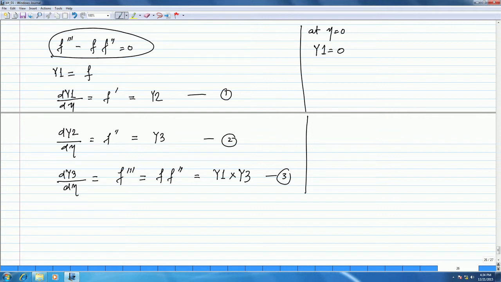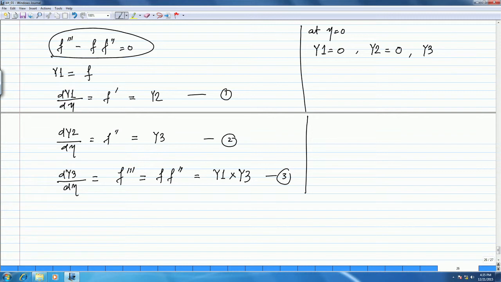So y1 is equal to 0, and f dash is also equal to 0, which is y2 equal to 0, and f double dash, which is y3.